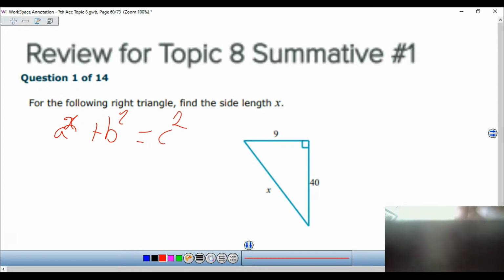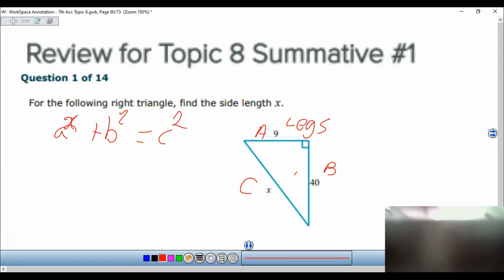These are our legs. We call this leg A and this leg B, and they're legs because they make that little L, the L of the right angle. And then we have C, which is the hypotenuse. That's always the longest side. It's always the slanty one, diagonally across from the right angle.